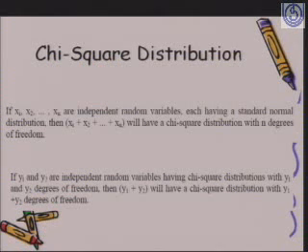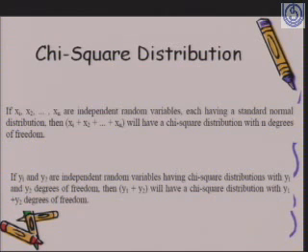But what is a chi-square distribution? Let us go into the definition of chi-square distribution, because we all know that the ratio of two variances is the F distribution. We'll come to that later, but for the time being, let us define the chi-square distribution.